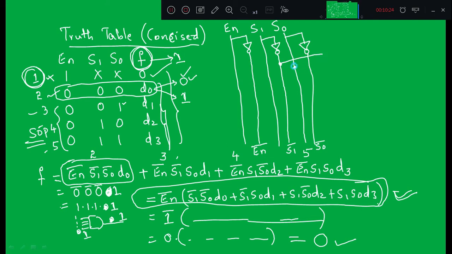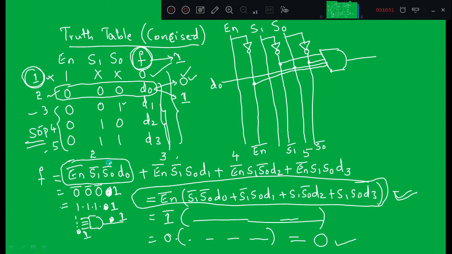Next S0 bar here, and D0. D0 is not available, directly you can draw D0 here. Along with this I need enable bar as well. So enable bar is here. So this is the output, the first term we got, right?